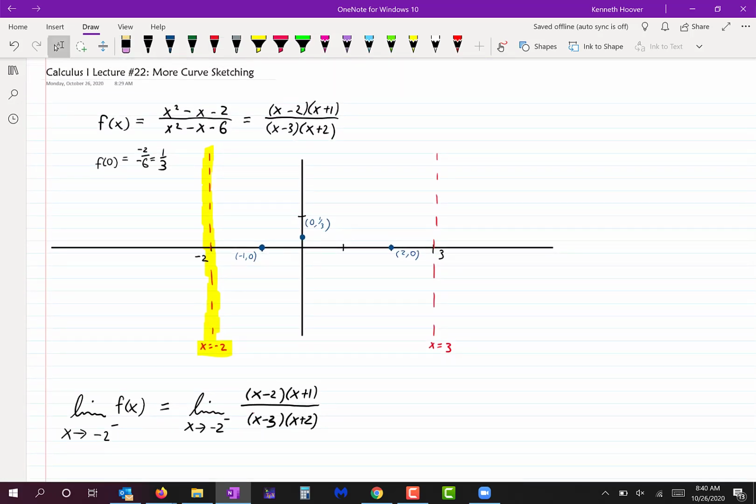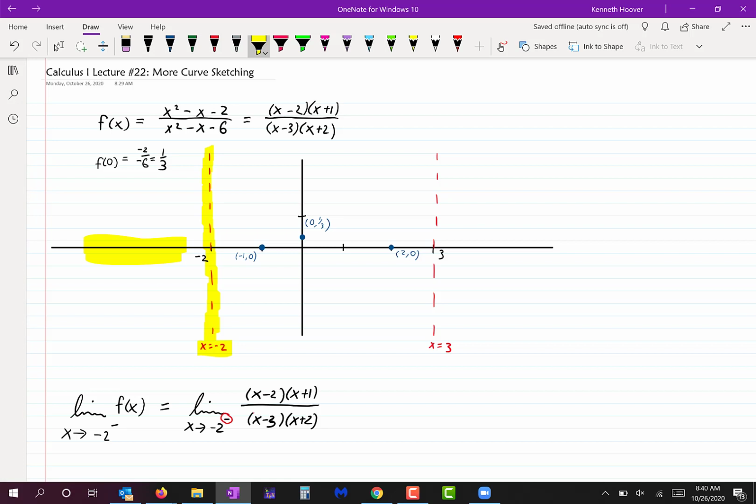From which side are we approaching -2? From the left, which means numbers over here, numbers that are less than -2.